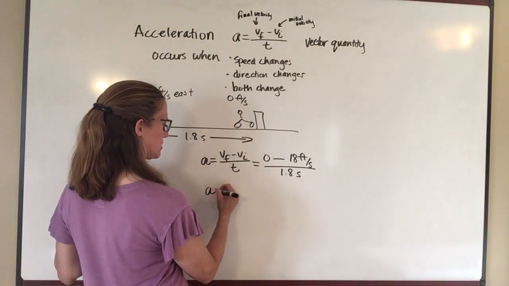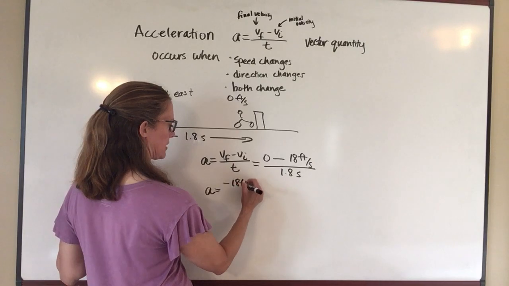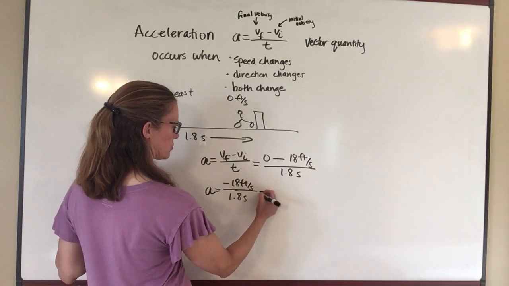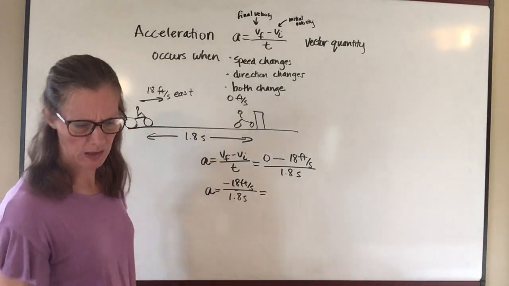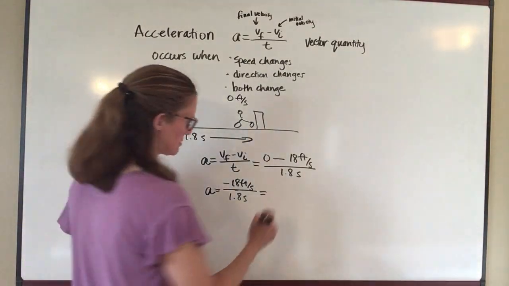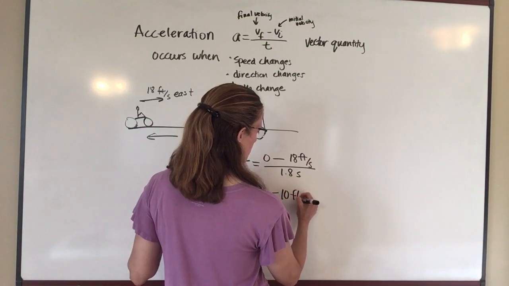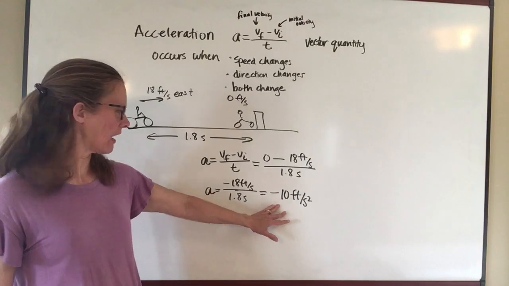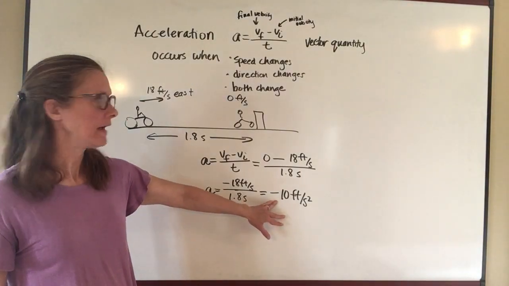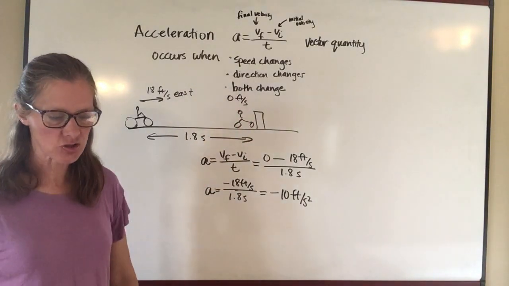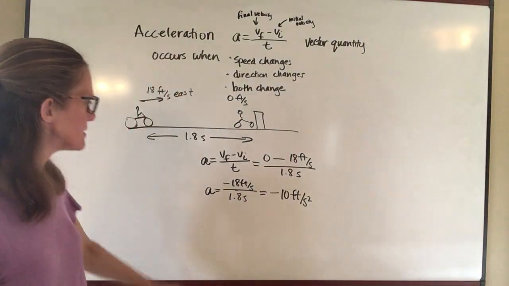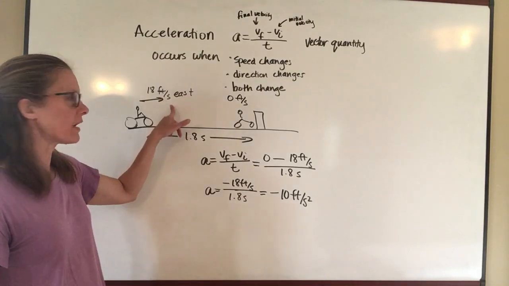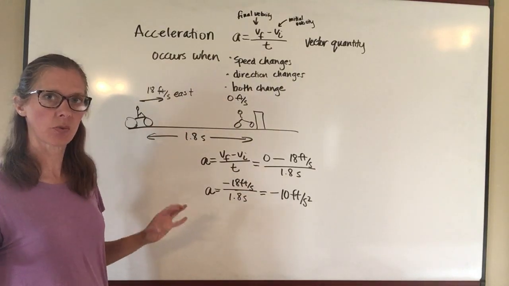Well, my acceleration is a negative 18 feet per second divided by 1.8 seconds, which is going to give me a negative 10 feet per second squared. Negative 10? How can acceleration be negative? Well, it's slowing down. And so what this means is that if acceleration has the opposite sign of my velocity, that means that I'm slowing down.